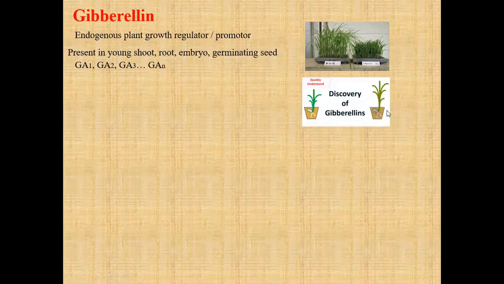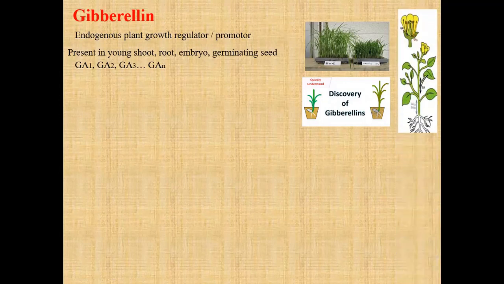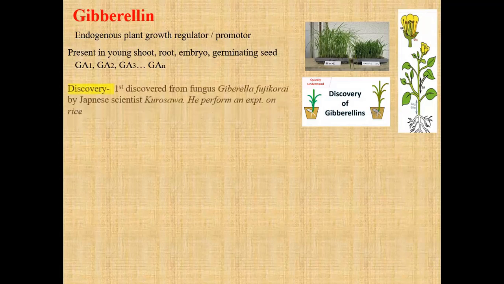Those plants with large height showed the fungal infection, and later on various analyses were carried out and they found that the name of this chemical is gibberellic acid. This is responsible for the growth of this particular plant, as observed in the case of rice.